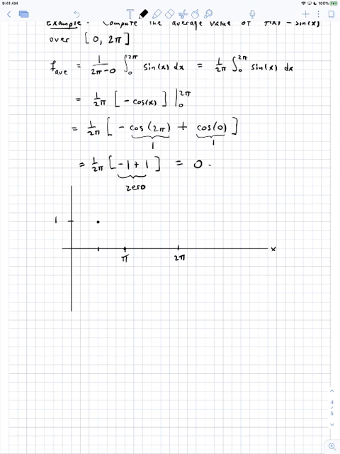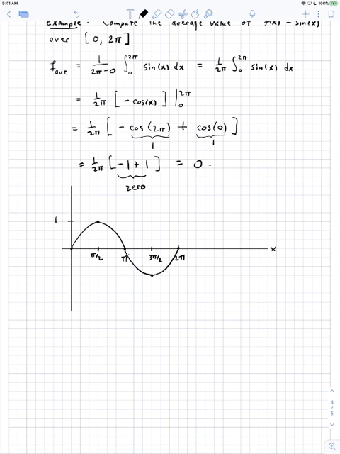And so that's pi over 2. And then this is 3 pi over 2. And there it'll be minus 1, so it'll be right about there. And then it goes back up to 0 at 2 pi. So the graph looks something, roughly speaking, like this.